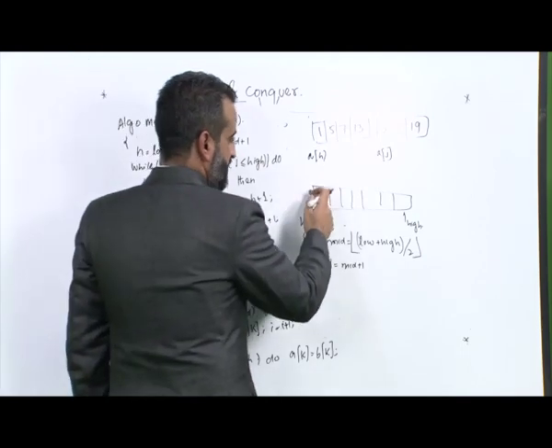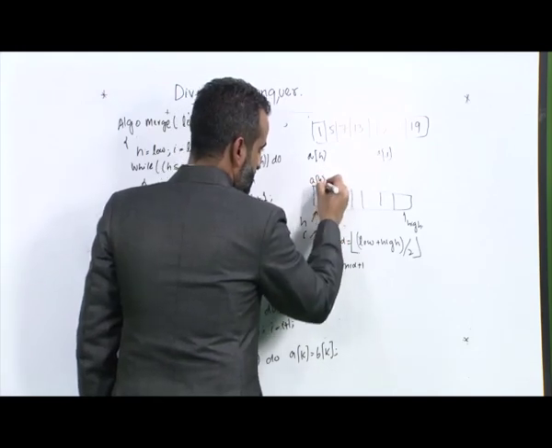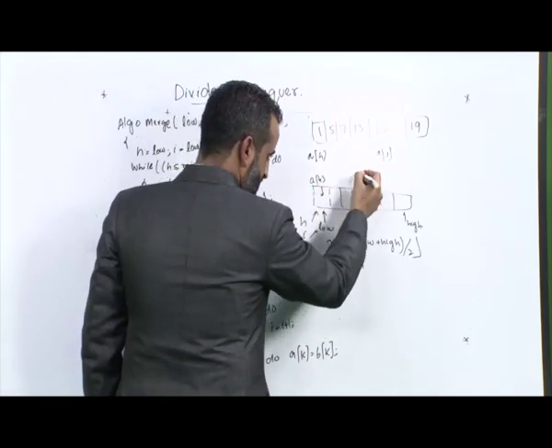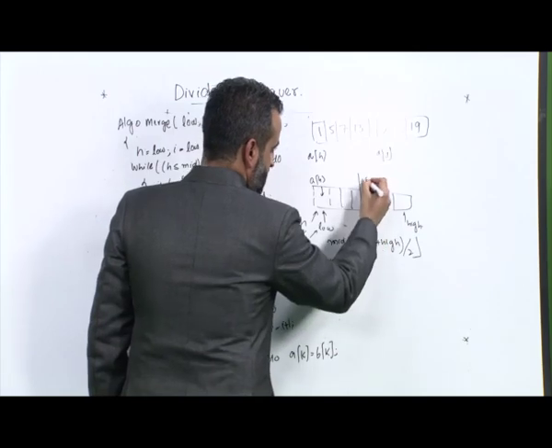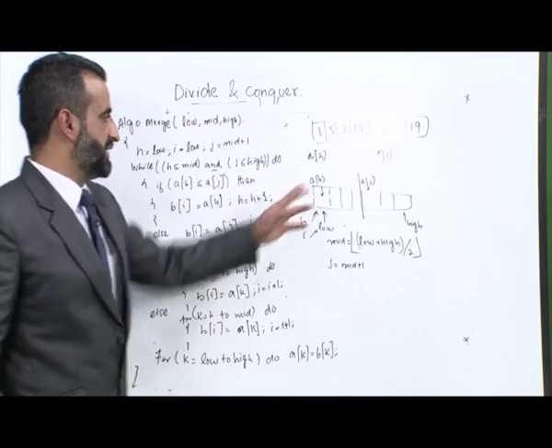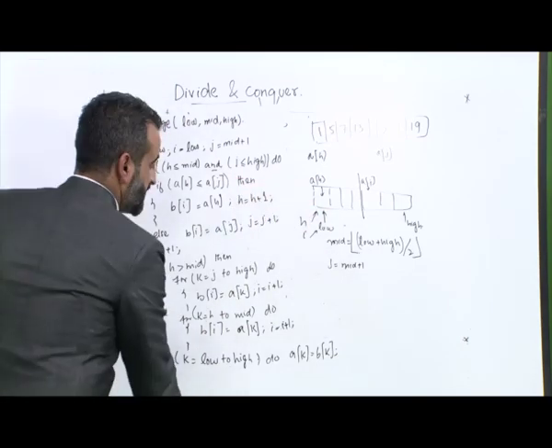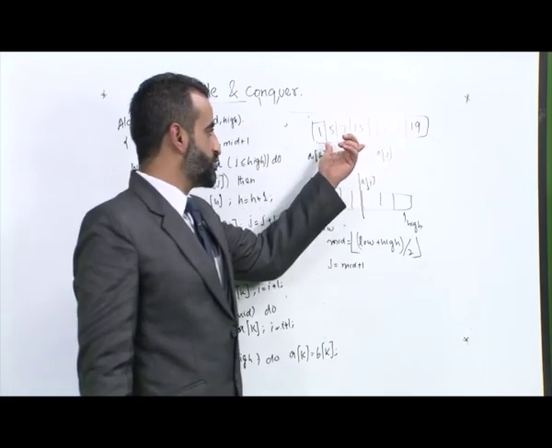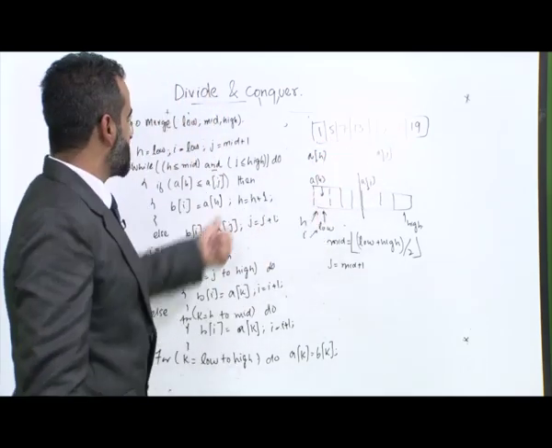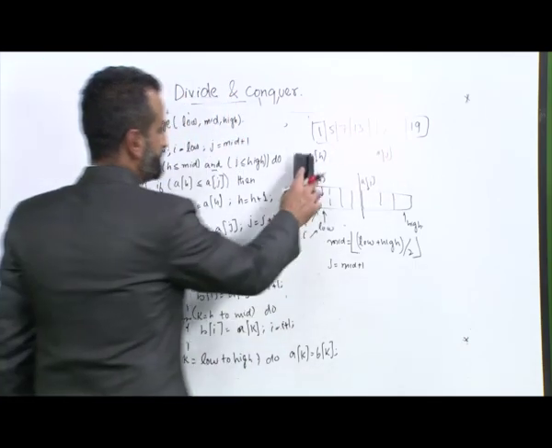Or else you can use one single array, and then A of h will be here. Let's assume this is the mid, then A of j will be mid plus 1. Either way you can achieve the same thing using this algorithm. What I will be doing here is that I already have two sorted sublists. I will run this algorithm on these sublists and try to get the sorted array back.